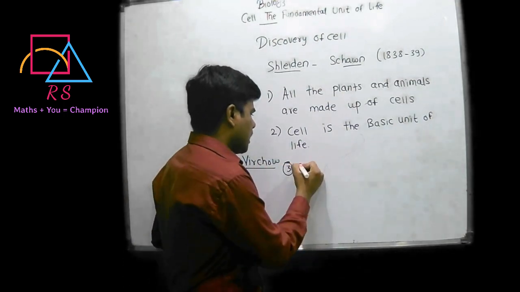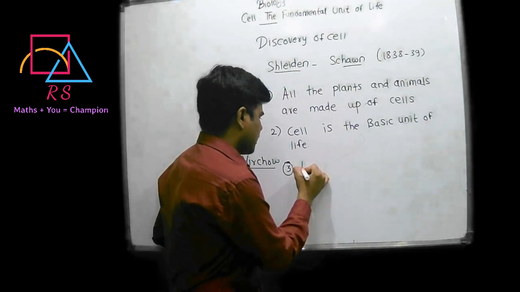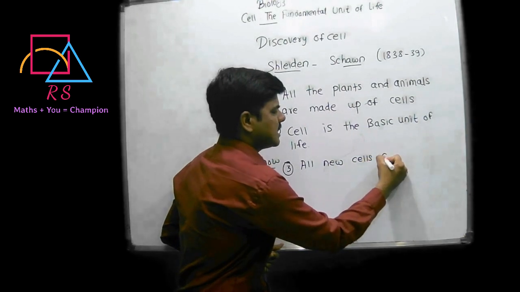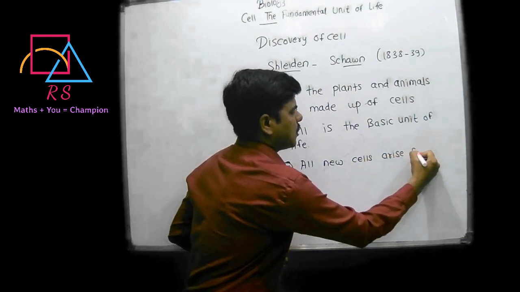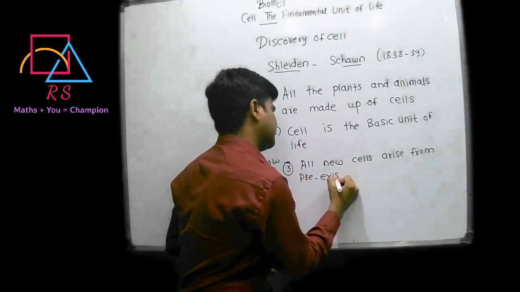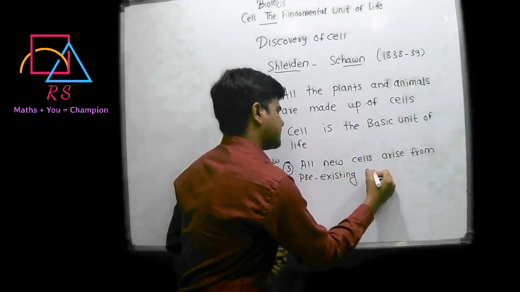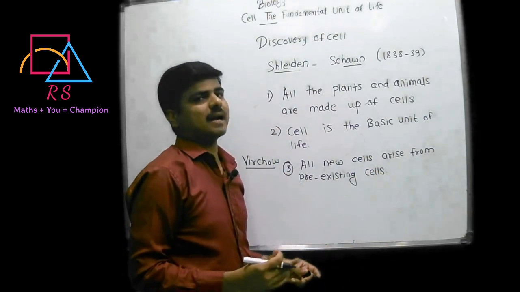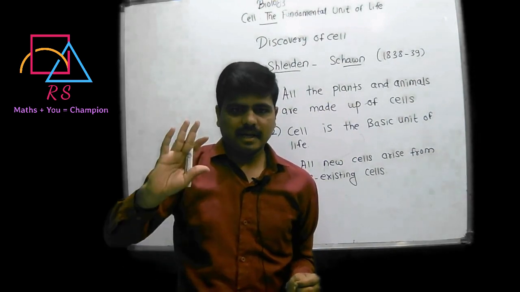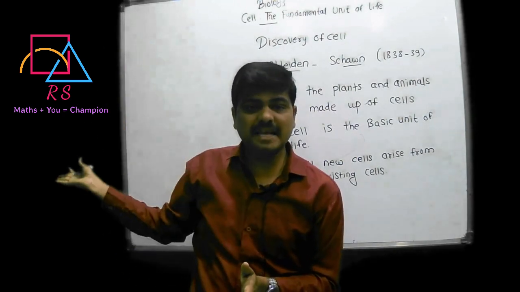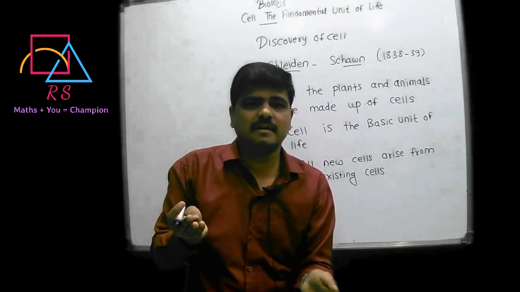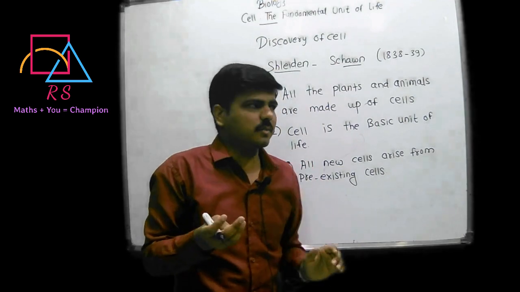He said that all new cells arise from pre-existing cells. It means that whatever new cell is going to be formed, it is formed from a pre-existing cell. Earlier some cell was there, and from that cell only a new cell can arise. So this was the statement given by Virchow.